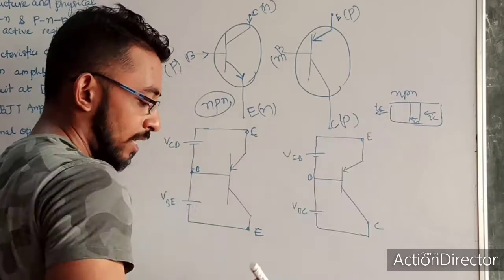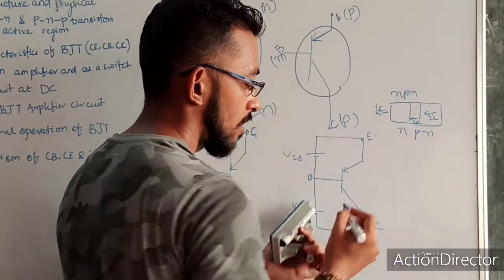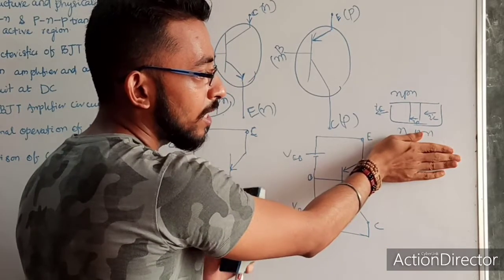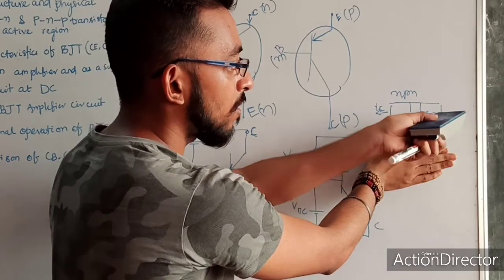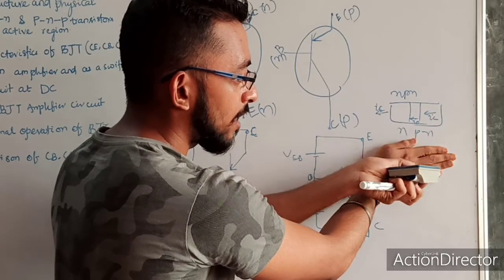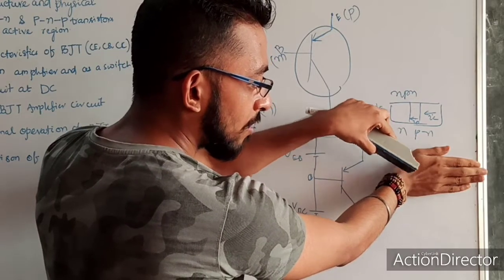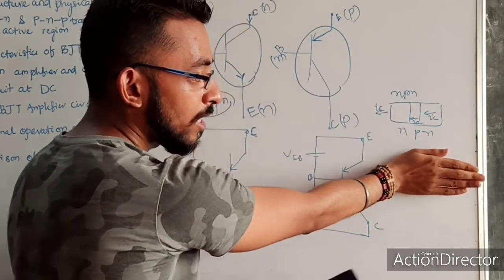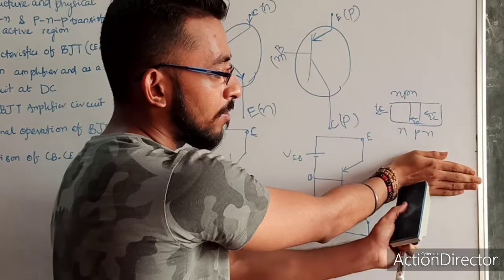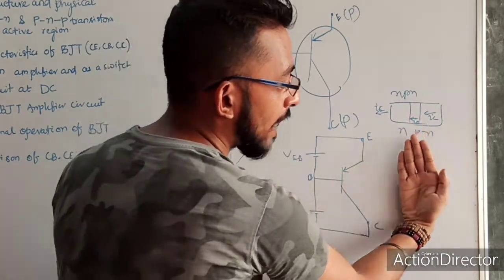Okay, let's take this NPN transistor. Let's take this is my hand. The fingers are nothing but my collector. The center part is nothing but my base. And let's take my wrist, my wrist is nothing but the emitter. So this is collector, this is base, this is emitter. Now what I am going to do, I am taking this symbol like this.